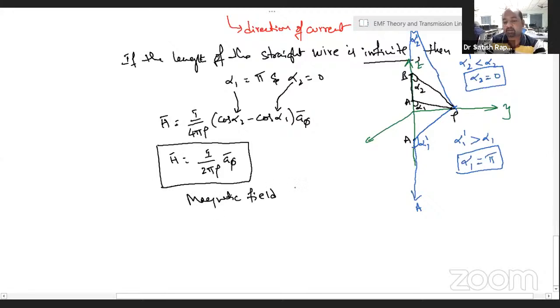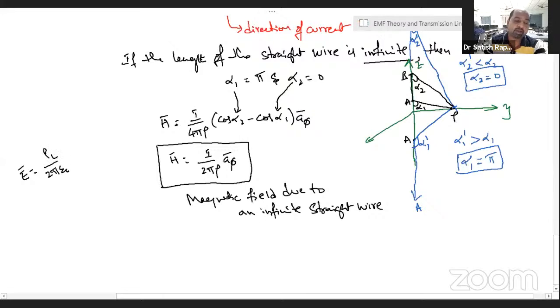Magnetic field due to an infinite straight wire, right? So this is similar to electric field. E bar is equal to rho L by 2 pi epsilon naught rho a rho bar, right?